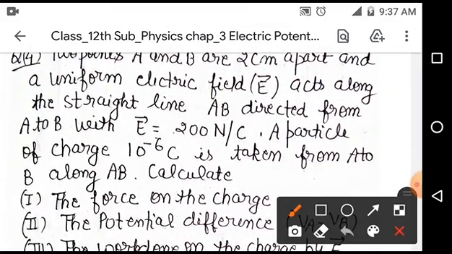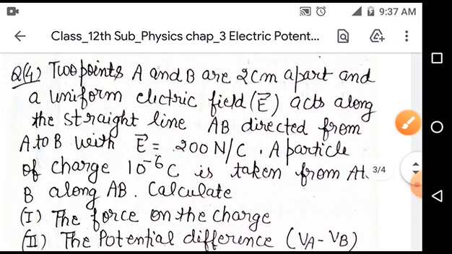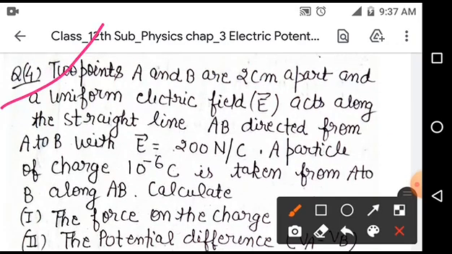Now students, we will discuss the next example. Two points A and B are 2 centimeter apart and a uniform electric field capital E acts along the straight line AB directed from A to B. It means that the direction of electric field is here A to B, with electric field 200 Newton per Coulomb.